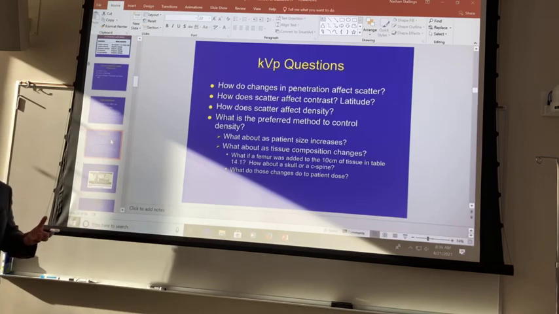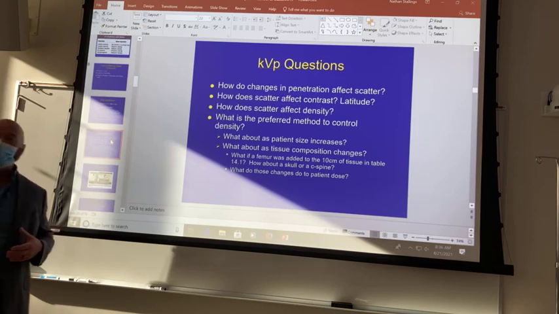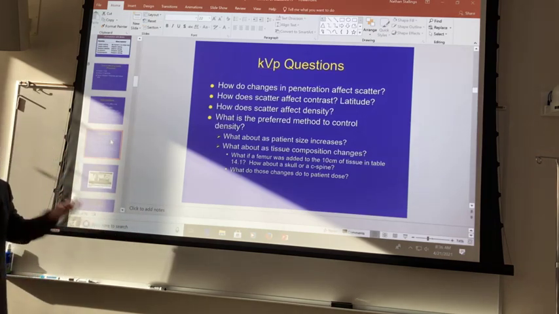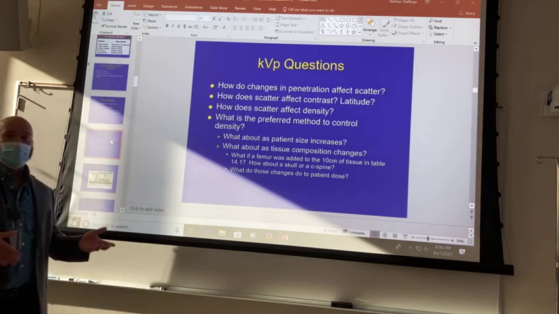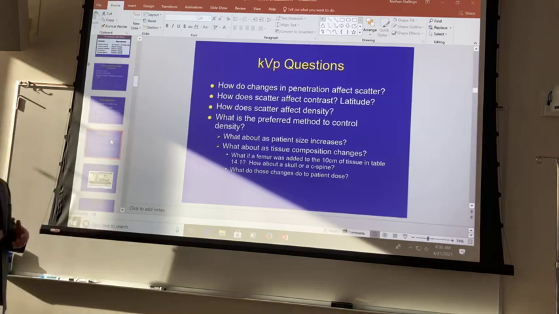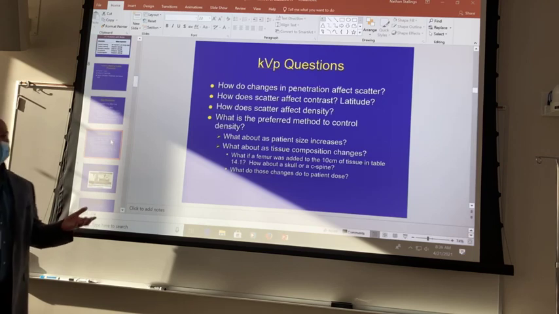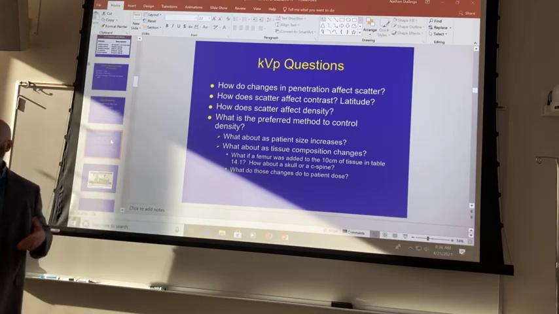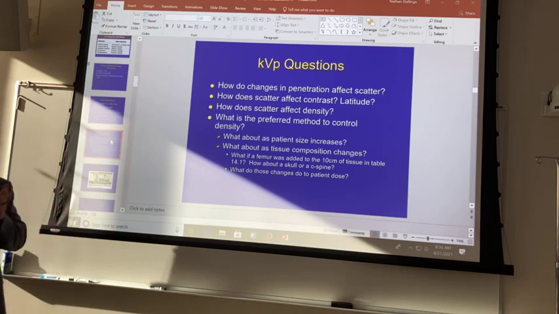Scatter radiation is an unwanted density, but it's a density, and therefore with the same technique, we're going to have more density on the bigger patient. And that's illogical, because the patient is going to create more scatter radiation, but they're going to absorb a lot of that. What's left over is primarily going to be scattered. So don't make that connection between patient size and scatter radiation being density. Therefore, big patients mean high density. Okay, it doesn't work that way.